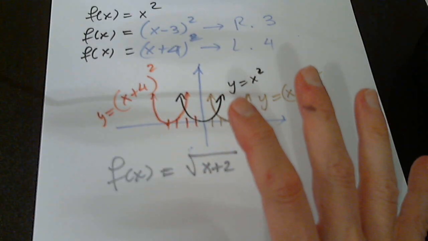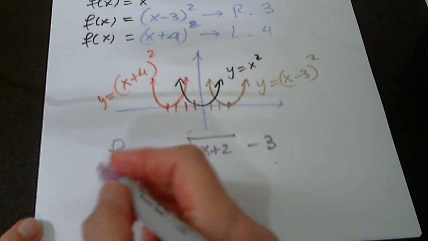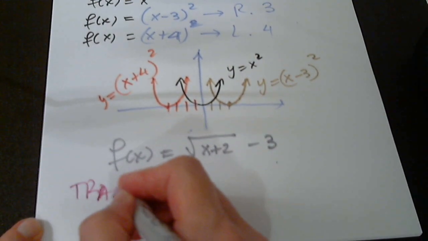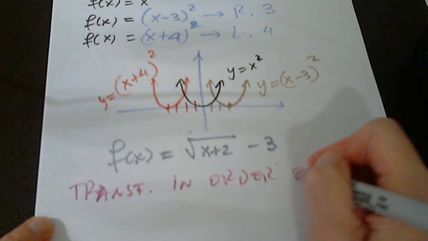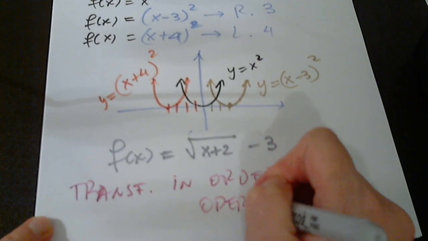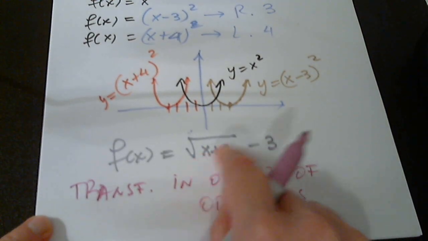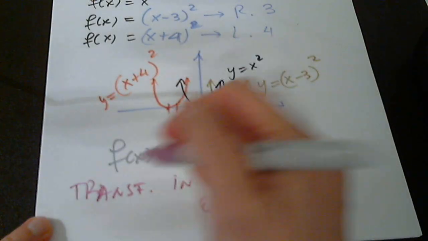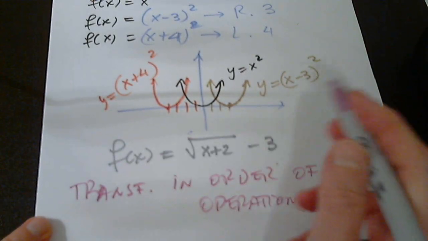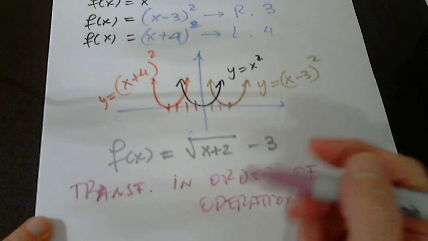So in order of operations, very important, we present the transformations in order of operations. Always. First, this is what I have to perform first, and then take the square root. So if I ask you, find the value of this function evaluated at x equals 7, what will you do first?